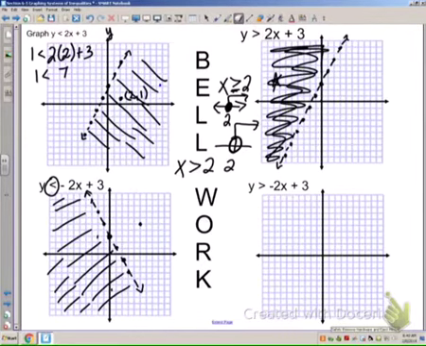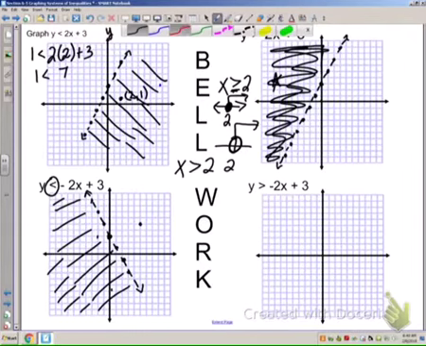Okay, and then it's the same process with this bottom one. Start out at the positive 3. I want to go down 2 over 1, down 2 over 1. You get the idea. Up 2 over 1 this way. And we're going to put in our dashed line.